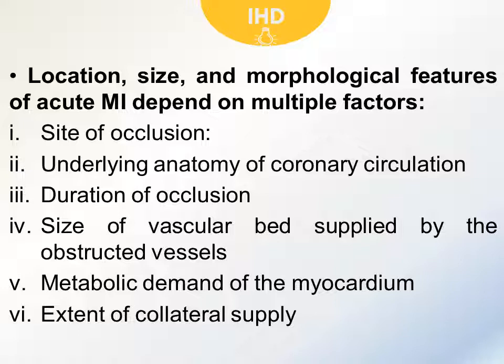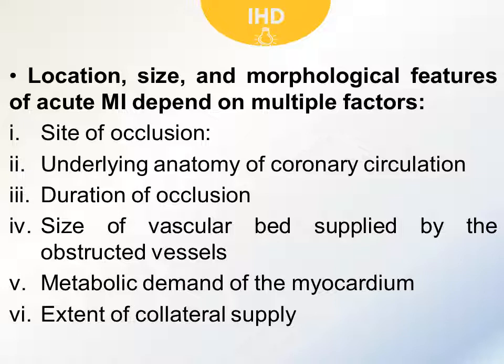The epicardial vessels are interconnected by numerous intercoronary anastomoses, and this is called the collateral circulation, which is normally closed, but gradual narrowing of one artery allows blood to flow from high to low pressure areas through the collateral channels.